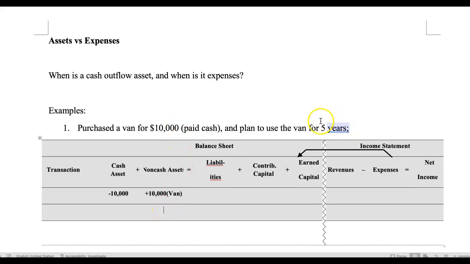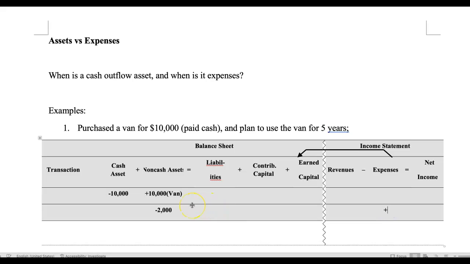So let's assume because it's used for 5 years, every year we use the same amount of this van. After 5 years, this van is gone. So if that's the case, we know that every year our van is reduced by $2,000, because we are using 1/5 of the van, right? 10,000 divided by 5 years. So the van would be reducing by $2,000.